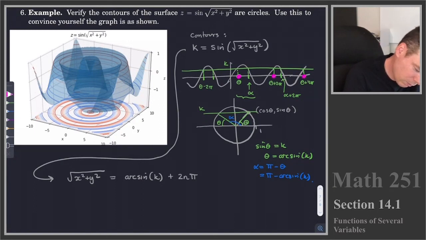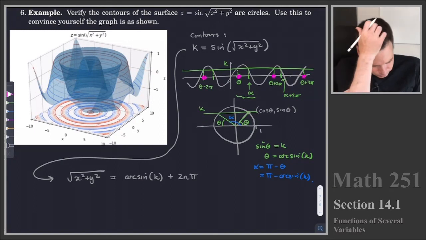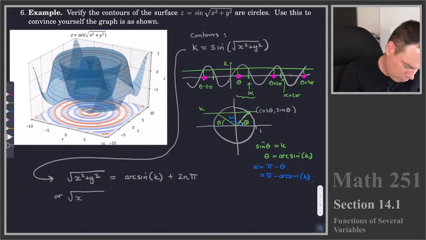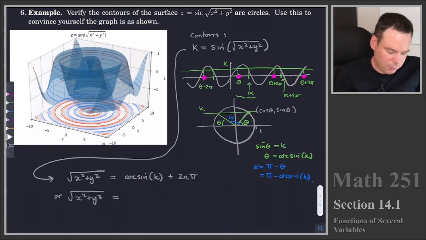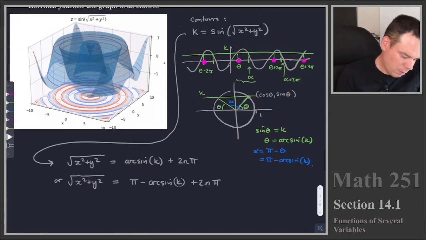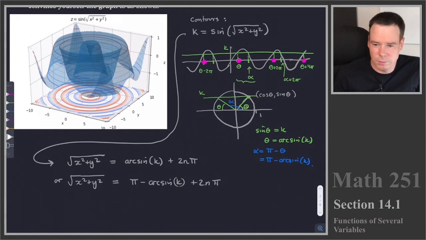So those are all the values that give us that k out. But then I had to get the other ones. So I also have that the square root of x squared plus y squared is equal to that alpha plus 2n pi, and alpha is pi minus arc sine of k plus 2n pi. And so there are the two curves.